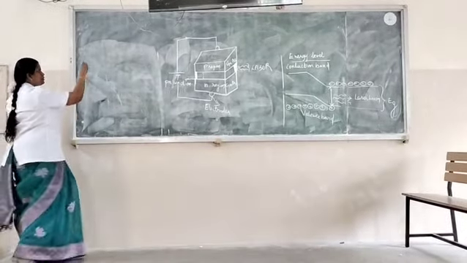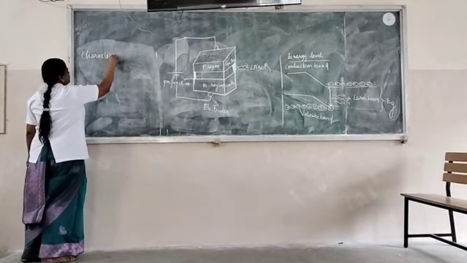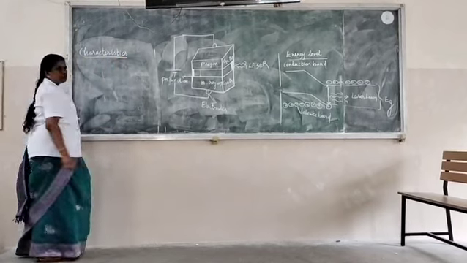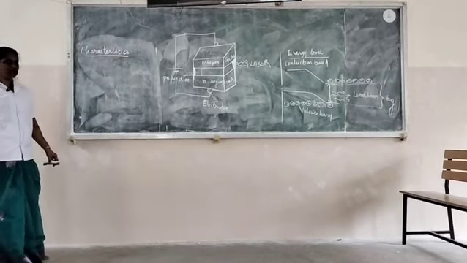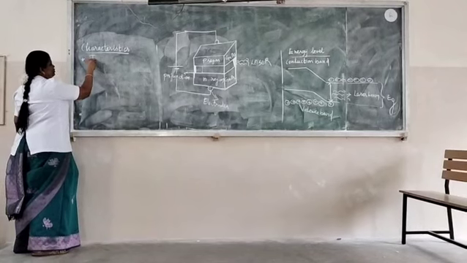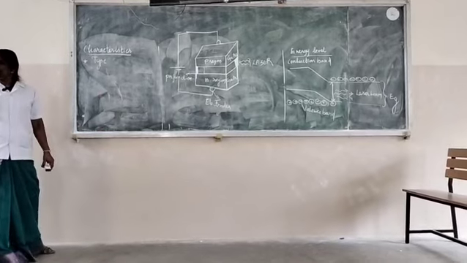Let me give the characteristics of homojunction semiconductor. The first point I have to write is the type of semiconductor. What type of semiconductor is this?